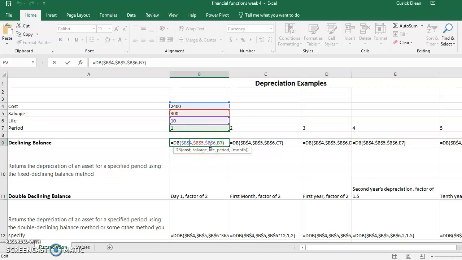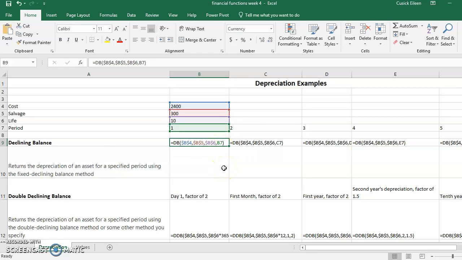In cell B6, this is the period, so the life is over 10 years, and the period or the month in this particular case is this first amount here, which lives in cell B7.